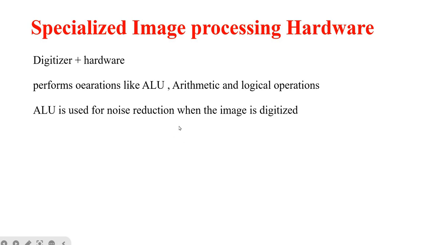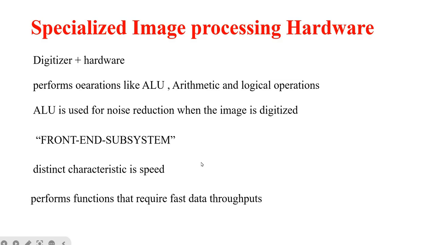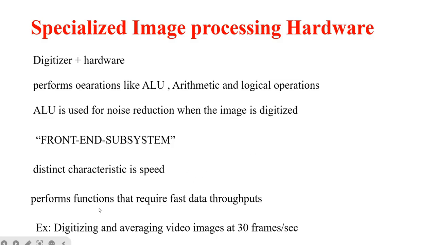This type of hardware is sometimes called the front end subsystem, and the most distinguishing characteristic is the speed. Therefore, this unit performs the functions which require fast data throughputs that the typical main computer cannot handle. An example for this is digitizing and averaging video images at 30 frames per second.